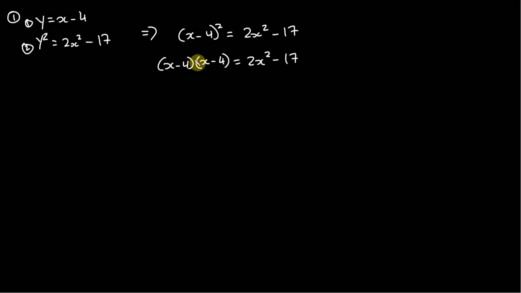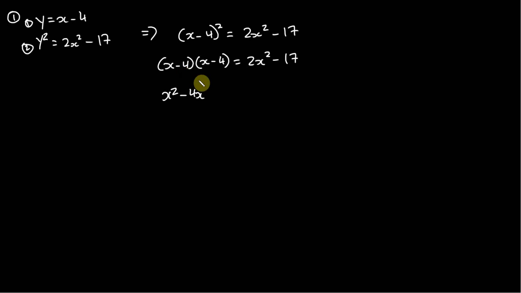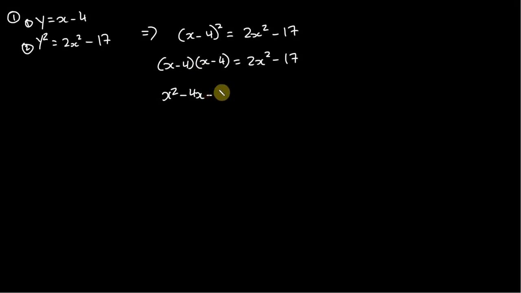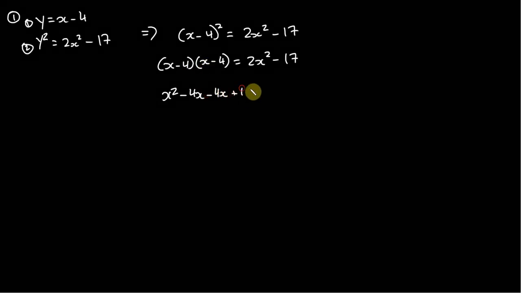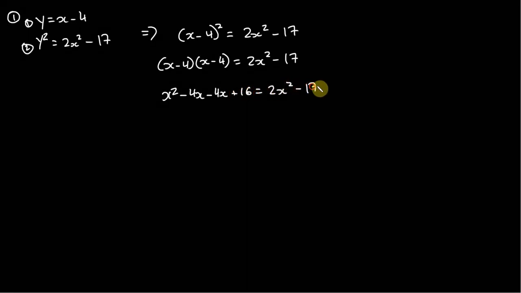So we have x times x, which is x squared, x times negative 4 is minus 4x, minus 4 times x, again minus 4x, and then negative 4 times negative 4 is plus 16. All that is set equal to 2x squared minus 17, and we can simplify our x terms to negative 8x.